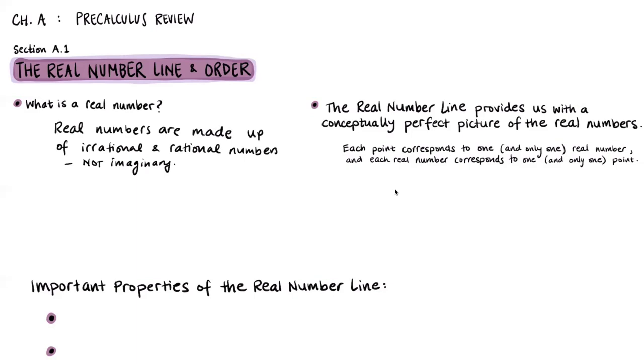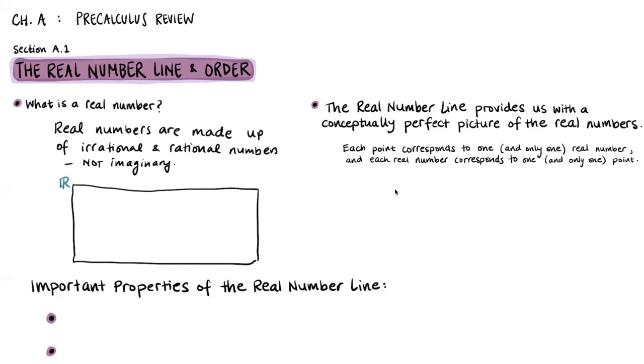Here's just a little way that we can conceptualize or visualize what the real number set looks like. So if we pretend that this box here is all of the real numbers, we have some varying symbols for different sets of numbers.